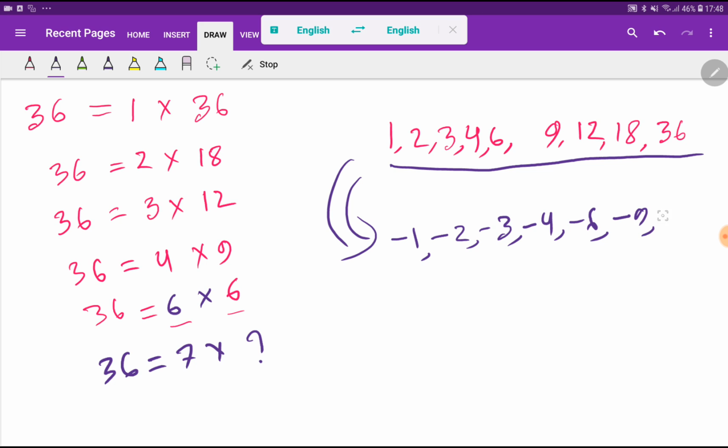This is easy, right? So basically you are getting 9 positive factors and 9 negative factors.